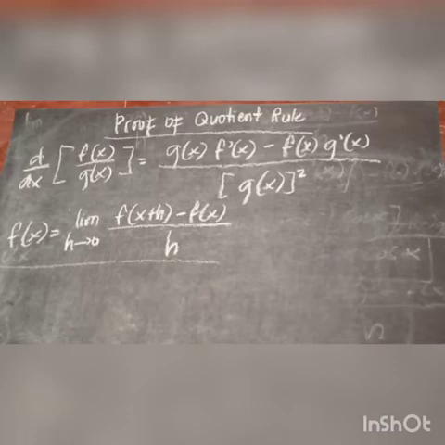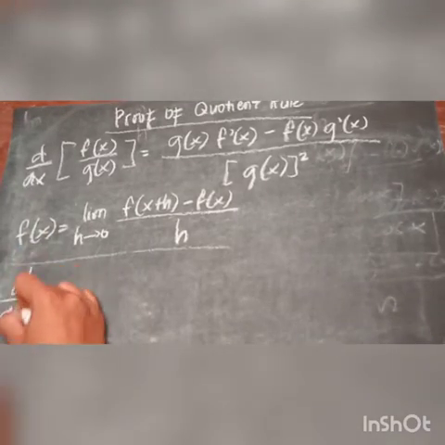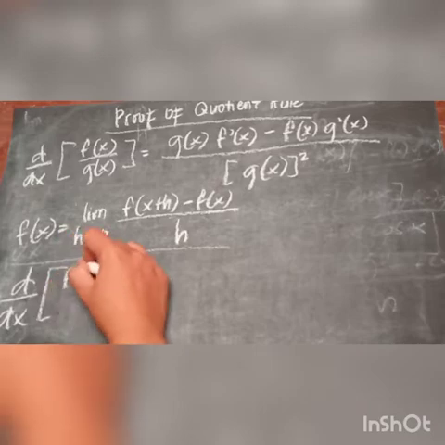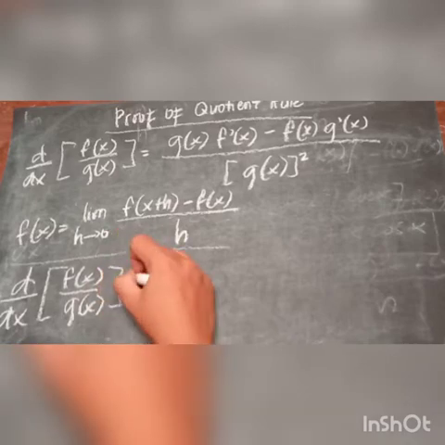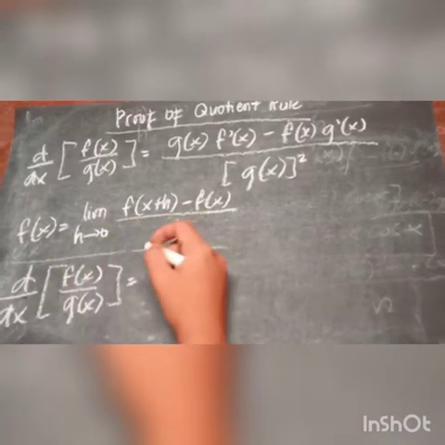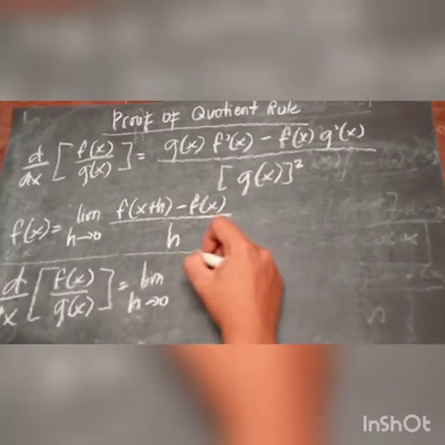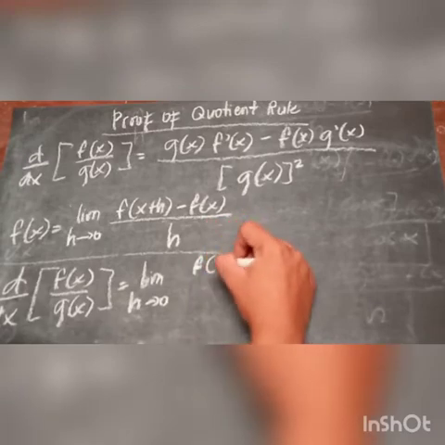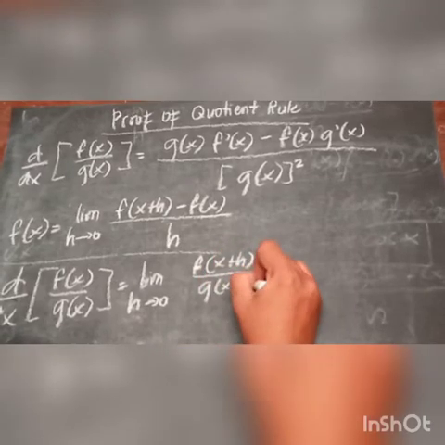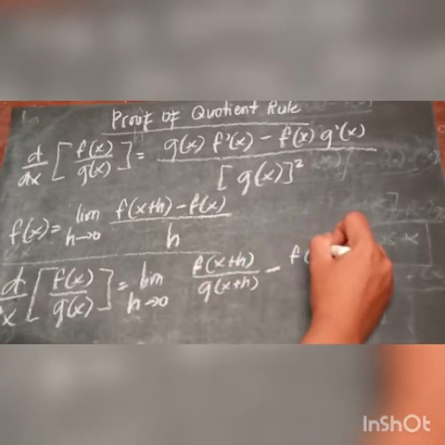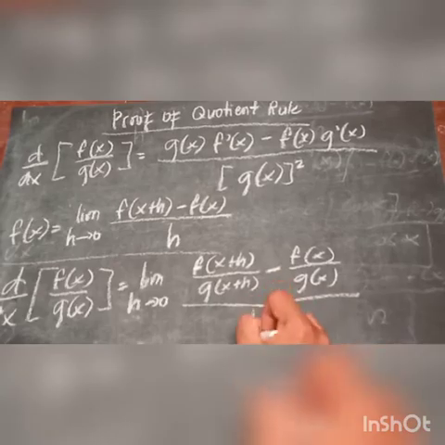Using this definition, the derivative d over dx of f of x over g of x is equal to the limit as h approaches 0 of f of x plus h over g of x plus h minus f of x over g of x, all over h.